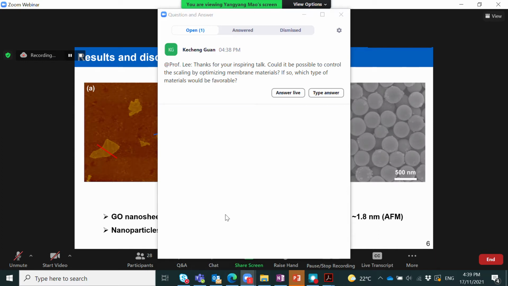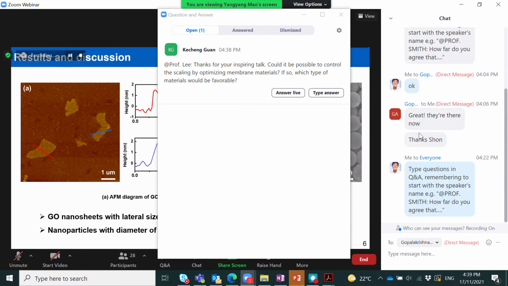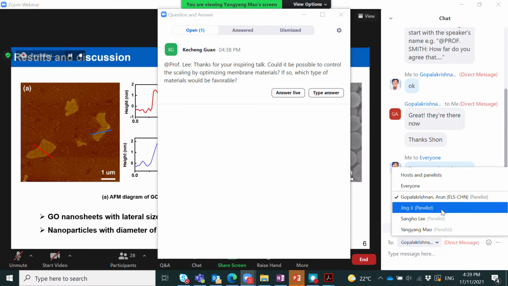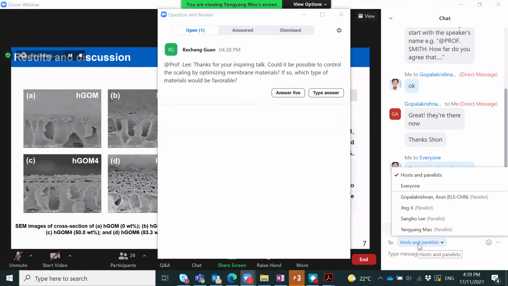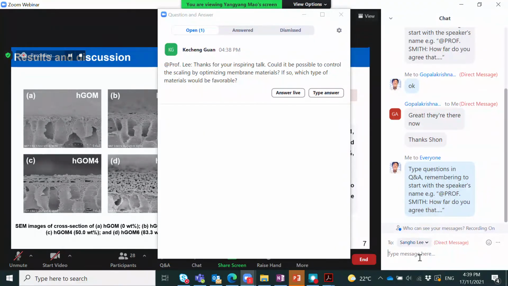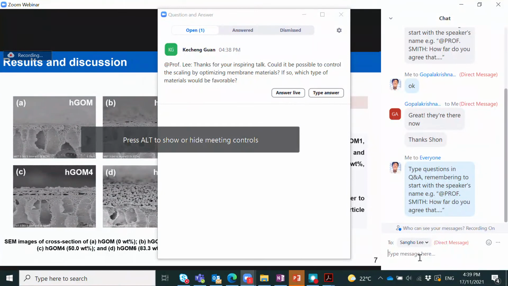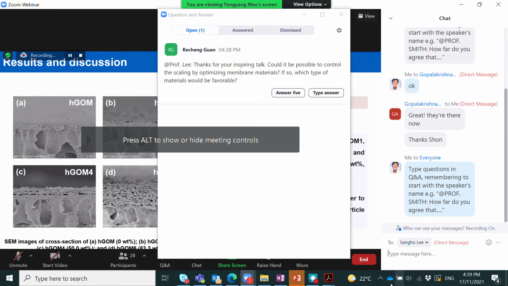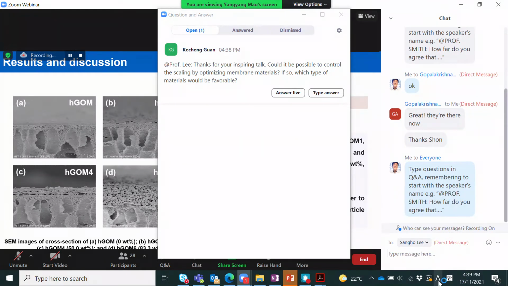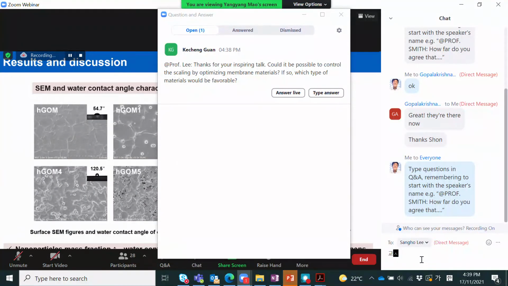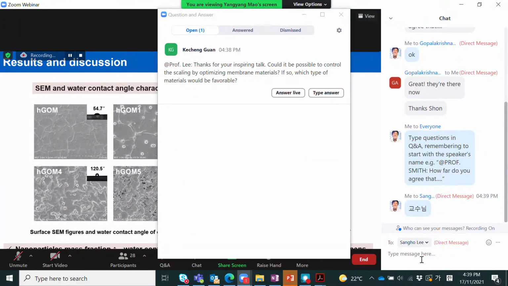And the nanoparticles we used in this work had a diameter of about 300 to 500 nanometers. Then there are the cross-section SEM figures of different membranes with different mass fractions of nanoparticles. We could easily find that the nanoparticles are evenly loaded on the interlayer to form the porous membrane. Continuously, SEM and surface water contact angles of these different membranes were characterized.